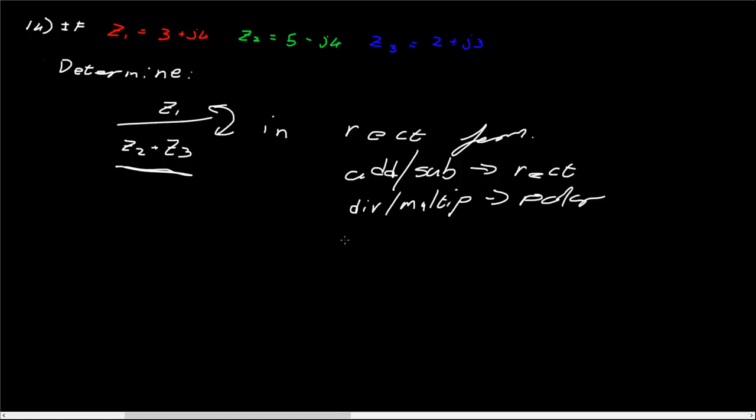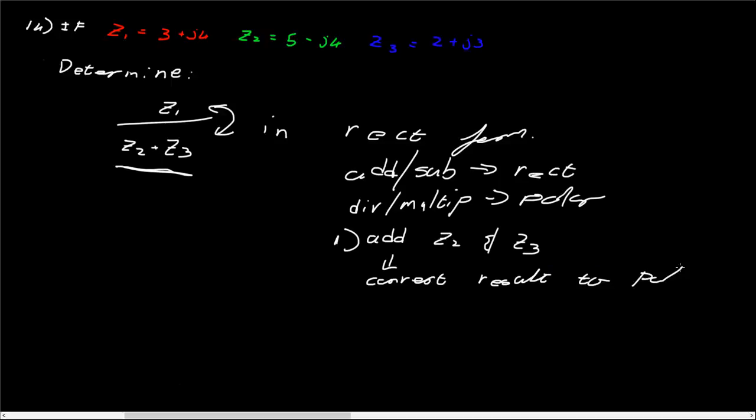Step 1 is add Z2 and Z3. Then we're going to convert the result to polar form. Step 2 is convert Z1 to polar form.